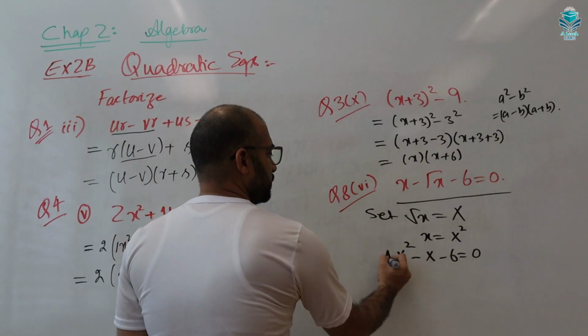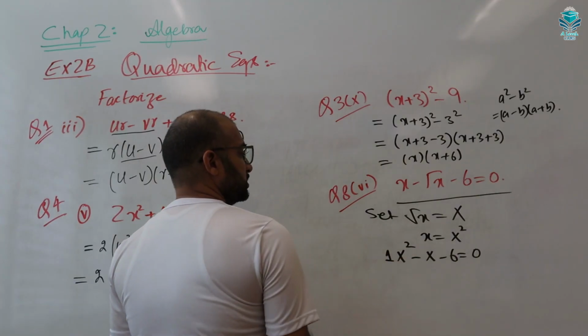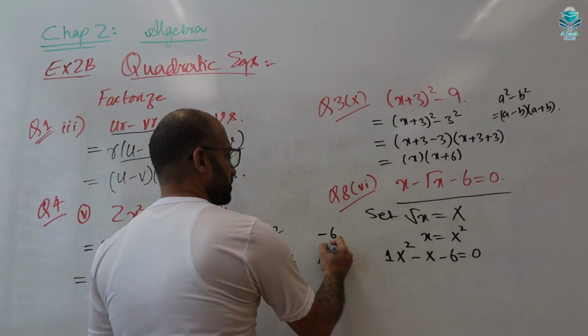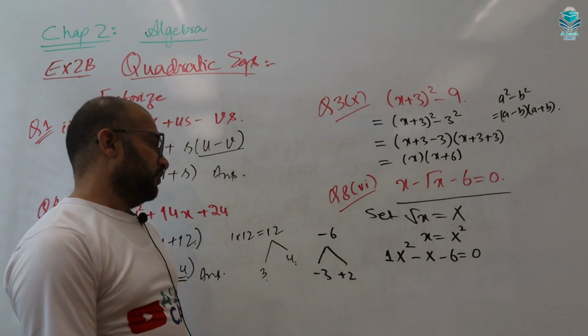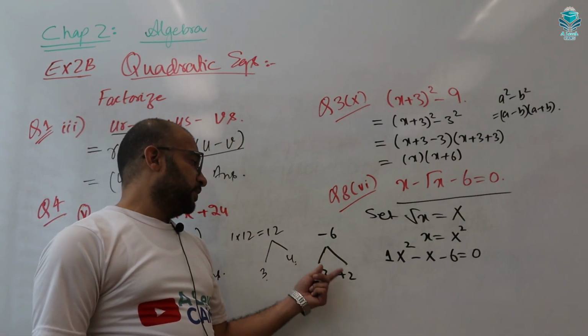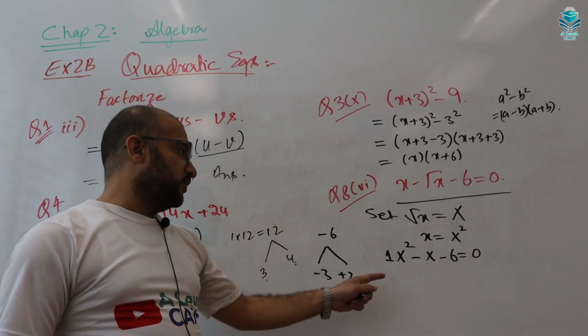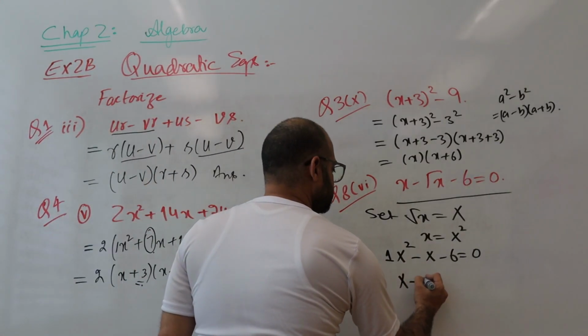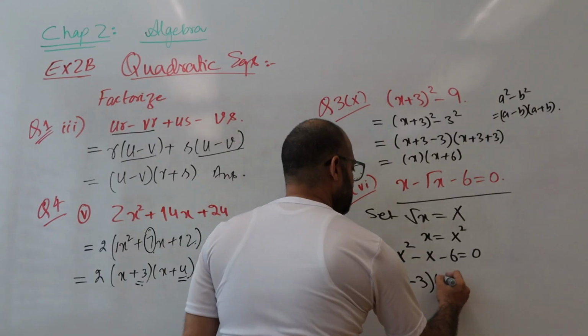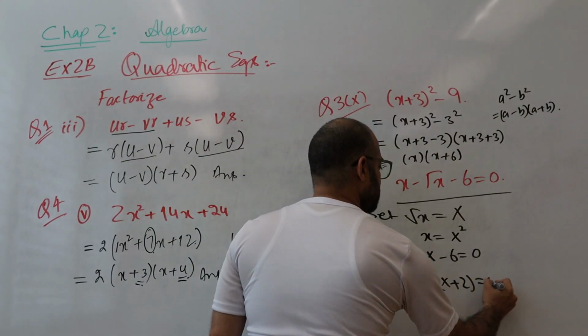So the coefficient of X squared here is 1 and the constant is minus 6. You can factorize it as minus 3 and plus 2. When you multiply you will get minus 6 and when you add you will get minus 1. So here I can write (X minus 3) and (X plus 2).